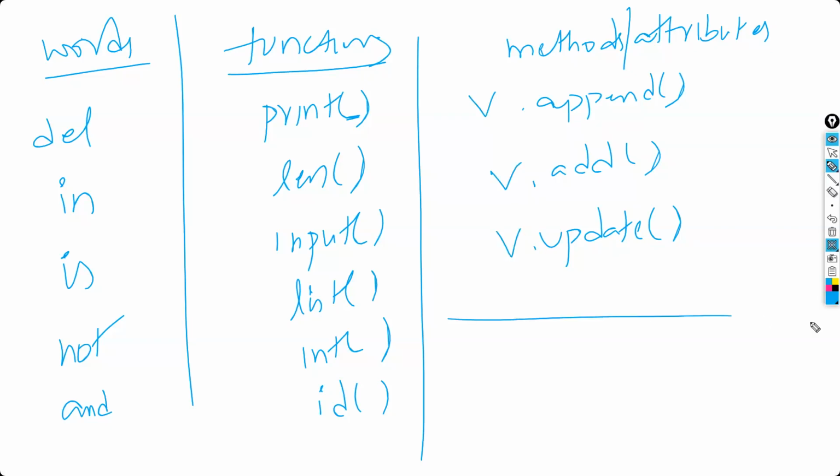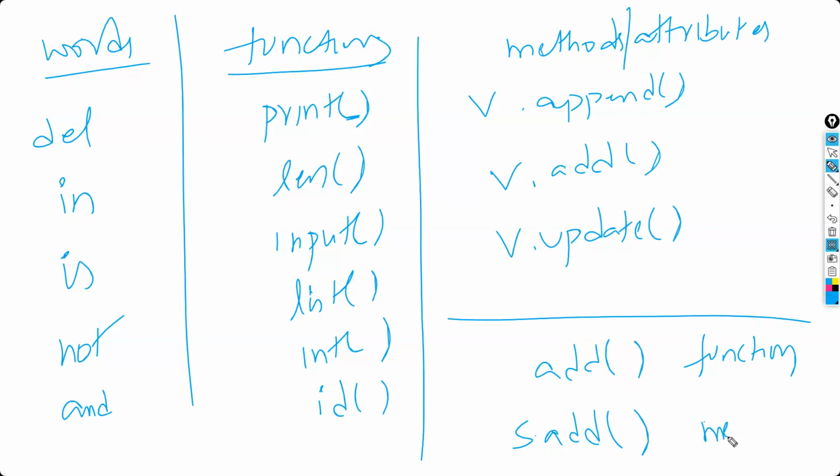For example, you are taking add, and s dot add. What is the difference between these two? This is a normal function, whereas this one is a method. If that method is applicable for the s variable, then it is going to apply. If that method is not there for the s variable, it is going to throw an attribute error.